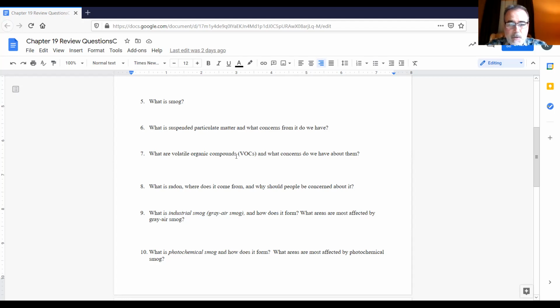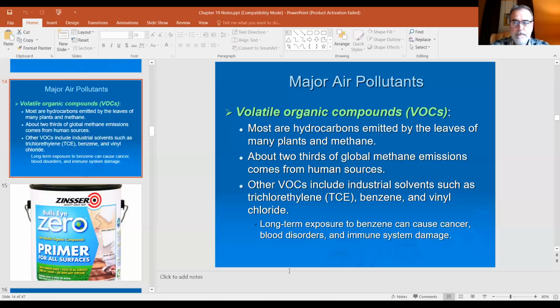All right, so 7, what are volatile organic compounds, or VOCs? So VOCs are these volatile reactive gases that are released into the atmosphere, okay? And they're reactive, and you want to limit your exposure to them, obviously, if you can.